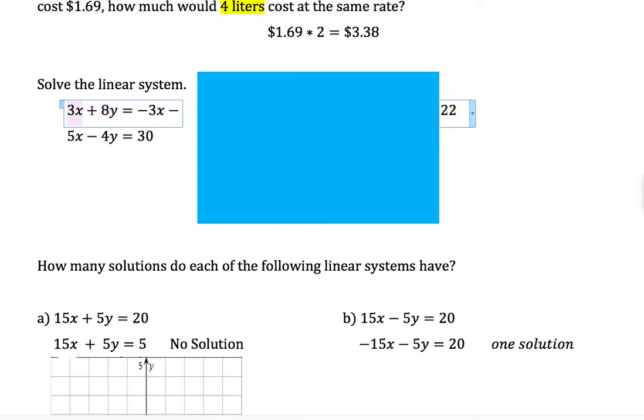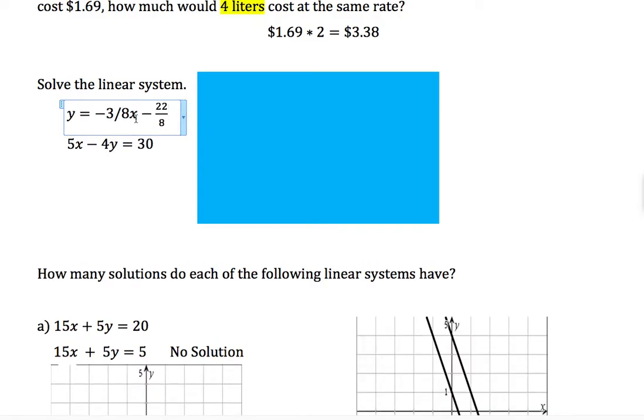Whoops, and you would get rid of this 3x here, and then you would divide everything on the left side by 8, so you would have negative 3x divided by 8 and negative 22 divided by 8, and you would set up the equation like that, or you would enter the equation in your calculator like this.